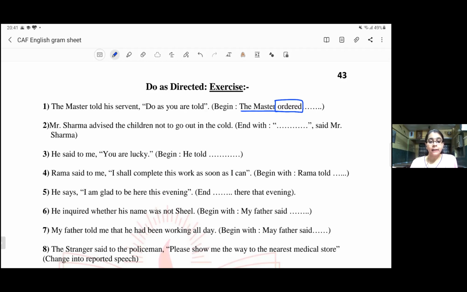Now, both the sentences that we have converted, first and second, are imperative sentences. You can write the short form, imperative sentence, in pencil, so that you will also know which type of sentences you have written.